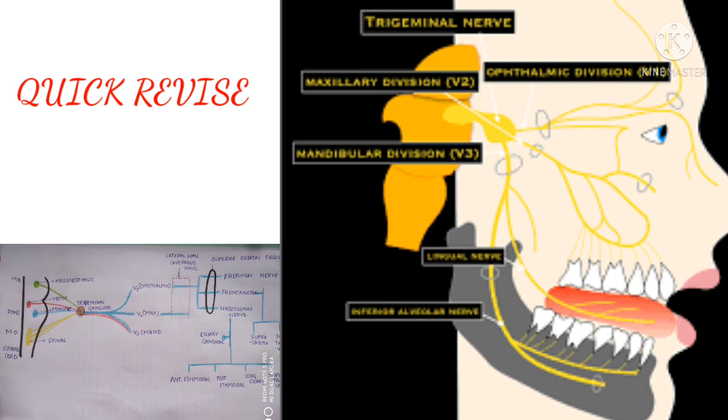The nasociliary nerve is further divided into 4 branches: anterior ethmoidal, posterior ethmoidal, long ciliary and infratrochlear. Before it divides into 4 branches, there is a ganglion hanging, which is called the ciliary ganglion. The anterior ethmoidal divides further into the anterior branch of the anterior ethmoidal and the lateral branch of the anterior ethmoidal, and the anterior branch of the anterior ethmoidal supplies the tip of the nose.